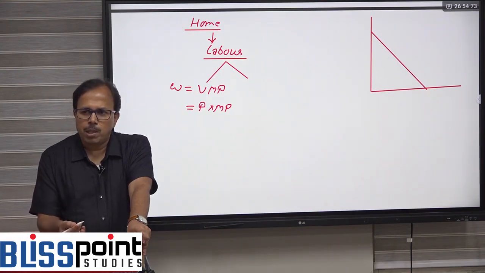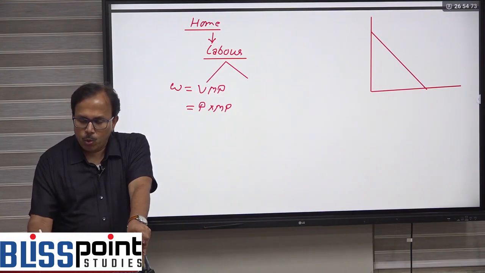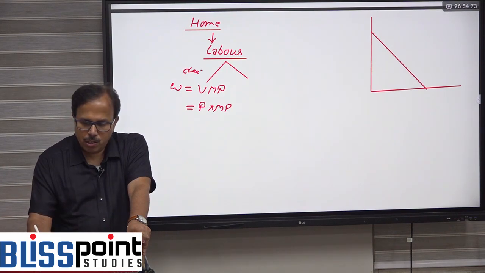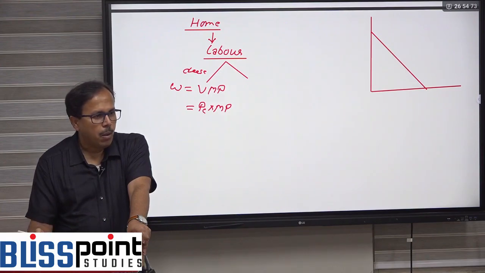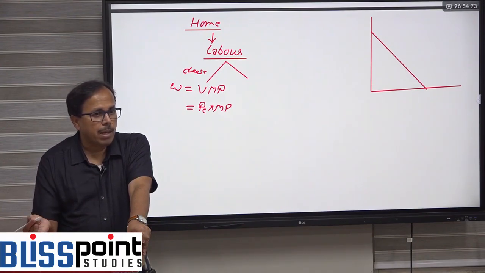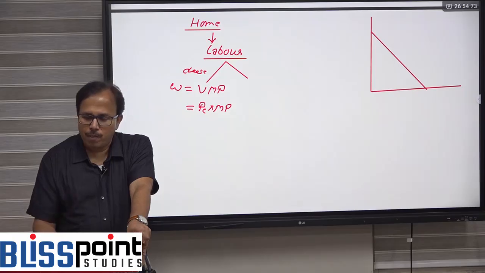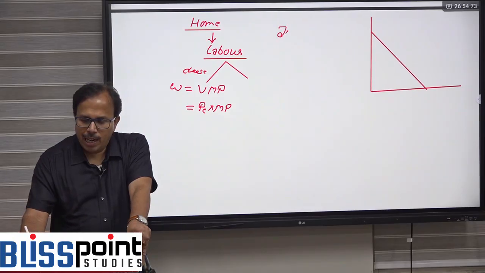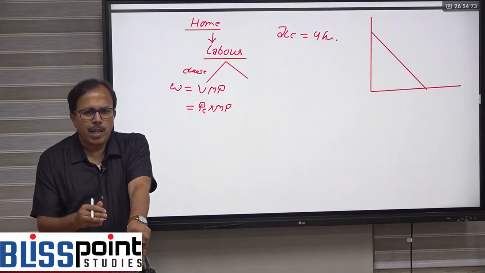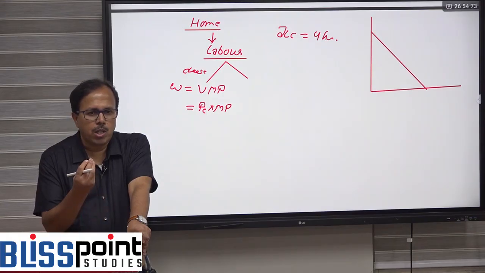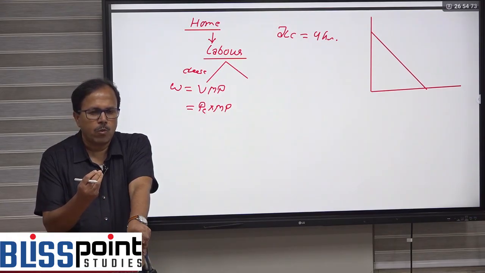Marginal product को price से multiply कर देंगे. So if you are referring to cheese, if one sector we are considering here is cheese, then it is price of cheese multiplied by the marginal product of labor in cheese. So what is marginal product of labor? If ALC is 4 hours, that means to produce 1 unit, it takes 4 hours. So in 1 hour, 1 by 4.